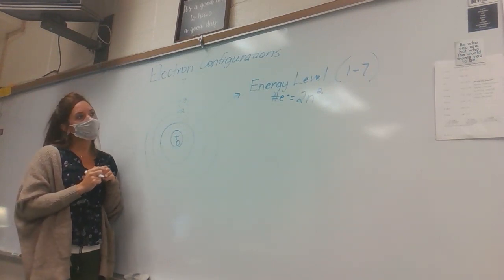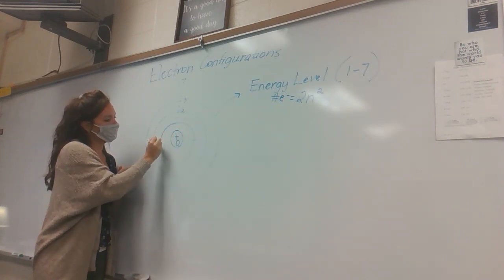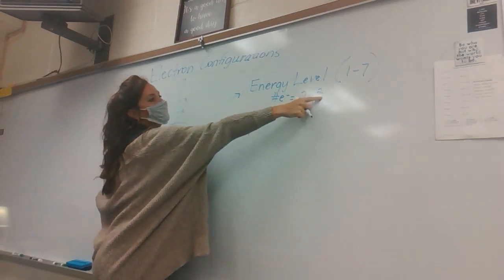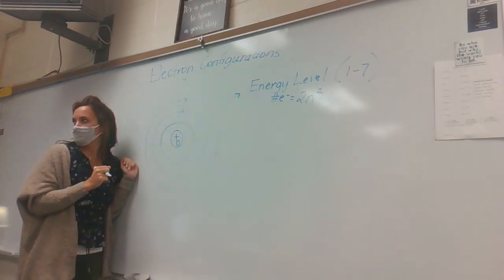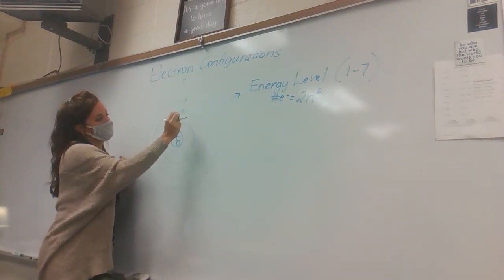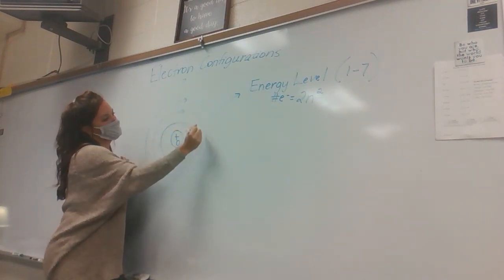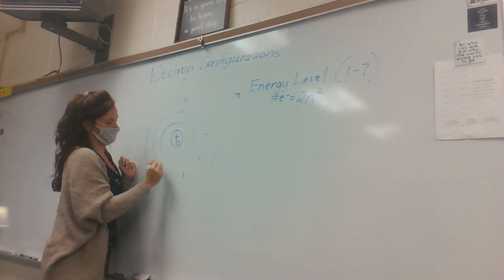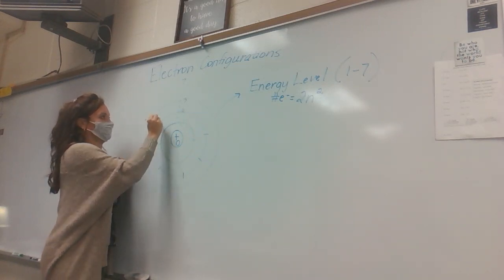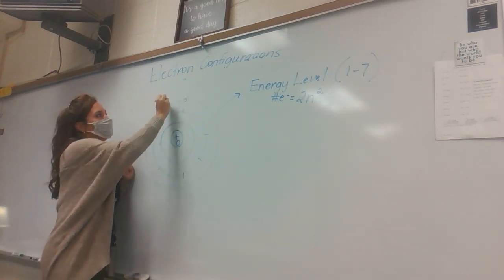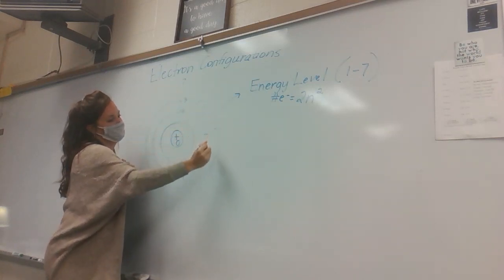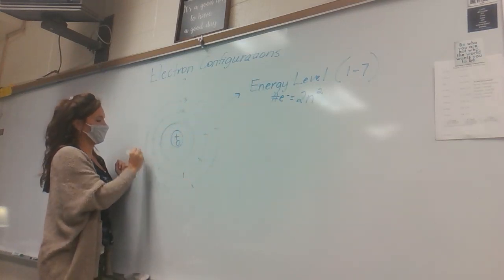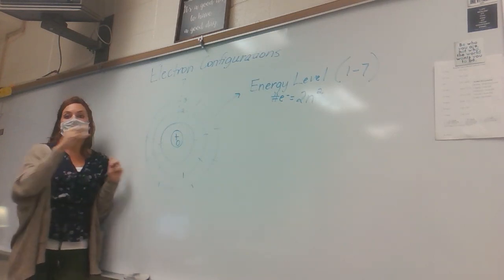So the first energy level holds 2, because 1 squared times 2 is 2. The second one holds 8. The third one holds 18. Not going to fill in all of them, but then it just goes out.